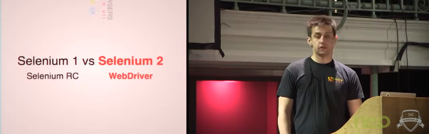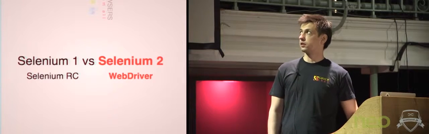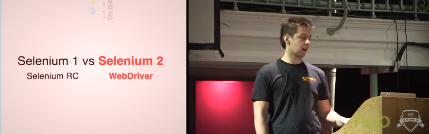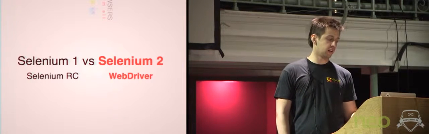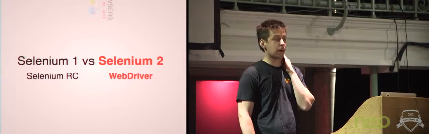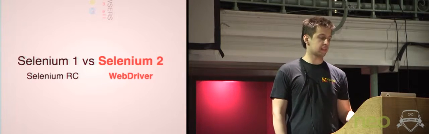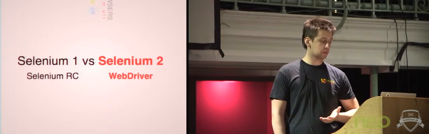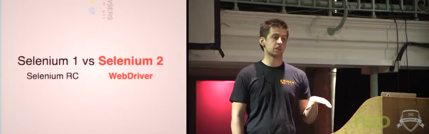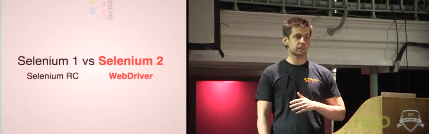And if you start Googling about it, you will stumble into Selenium One and Selenium 2. And what's the difference? Selenium One is generally a deprecated version of Selenium. It is using a lot of JavaScript hacks to drive the browsers. It does not have bindings for mobile browsers. And as it is using JavaScript inside the browser to drive it, there are problems with pop-ups, dialogues, and things like that.